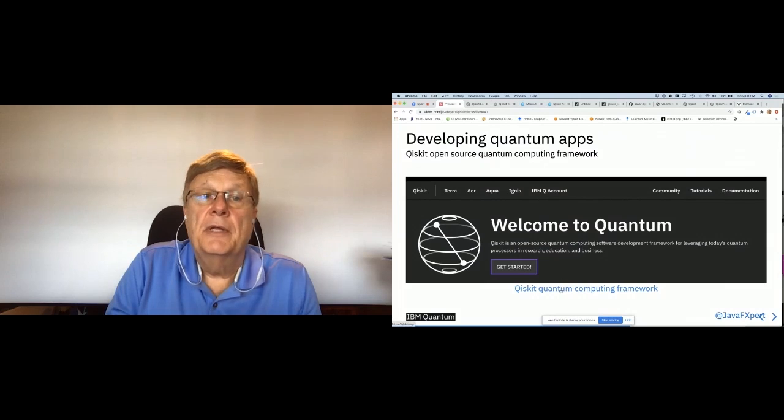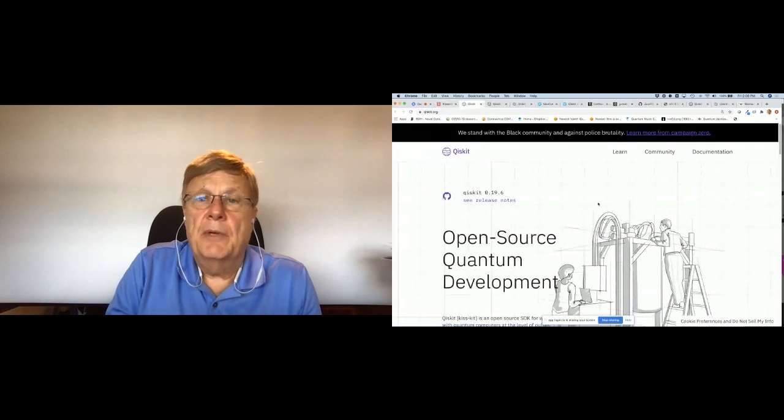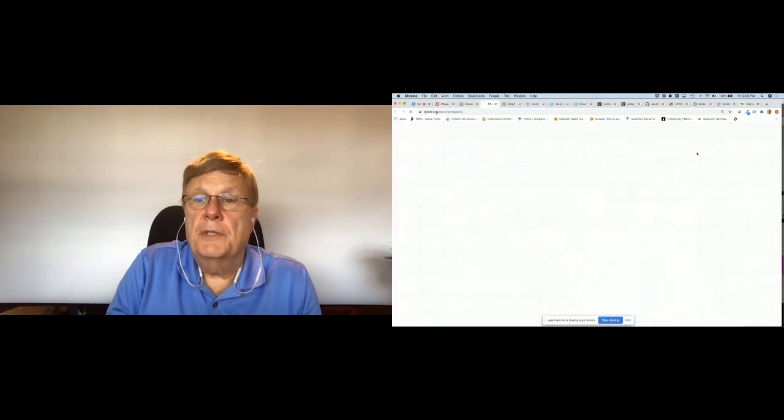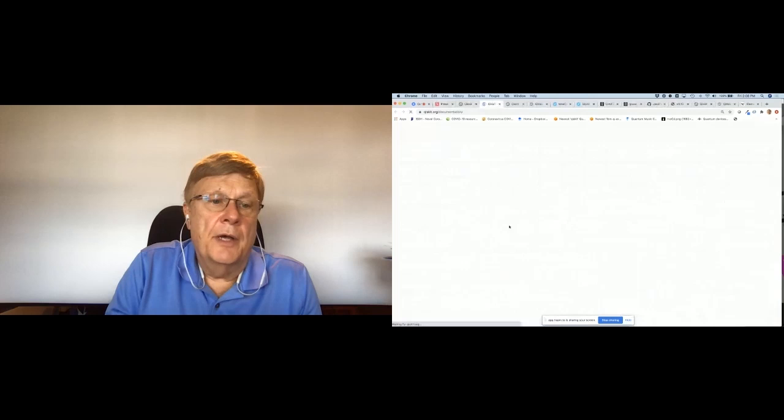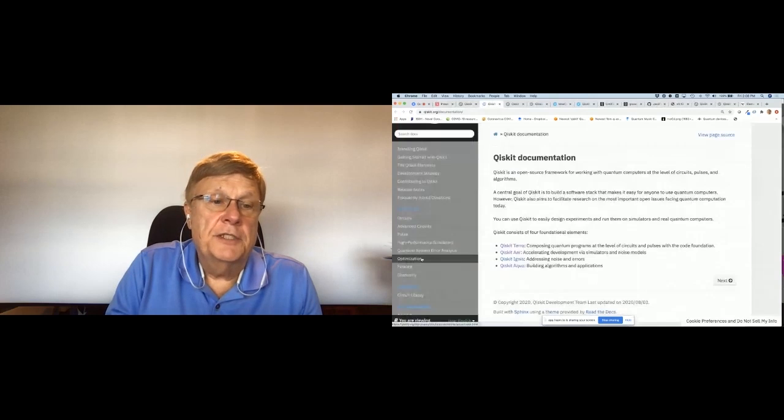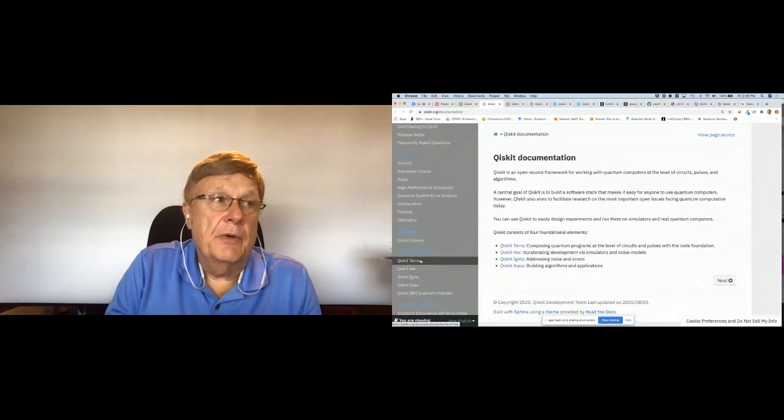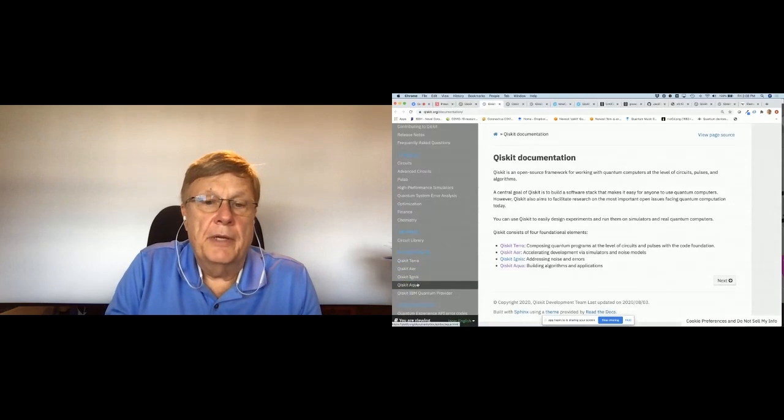For example, if I go to Qiskit and I want the documentation on, instead of Terra, which is your lower level libraries, let's say I want to use a higher level library to solve problems, and I want the library itself to do all the quantum stuff.